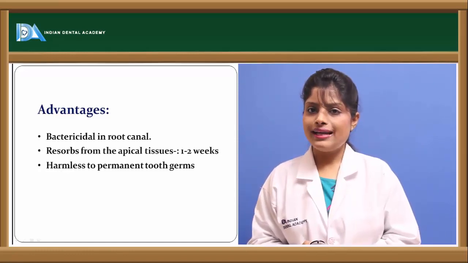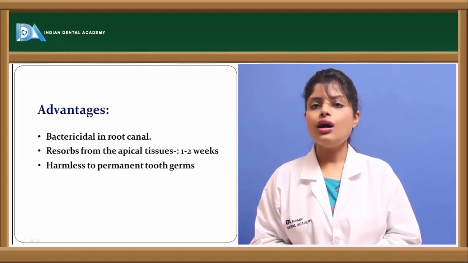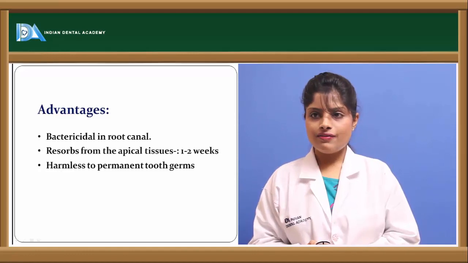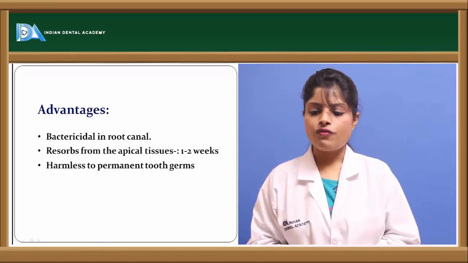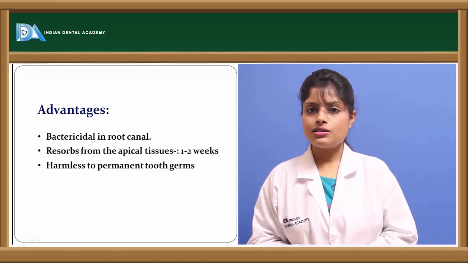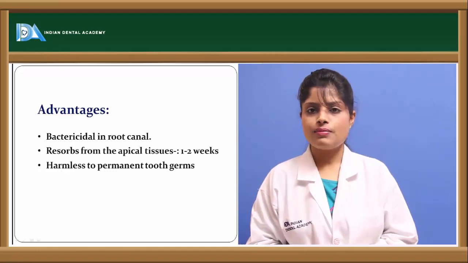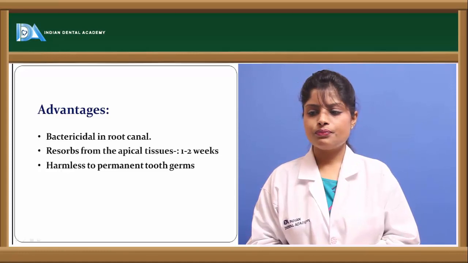It is also easily removed from the canal and does not set into a hard mass. The delivery system of Iodoform paste is easy by means of a syringe, and generally 84% success is reported of the cases which are obturated by Iodoform paste.